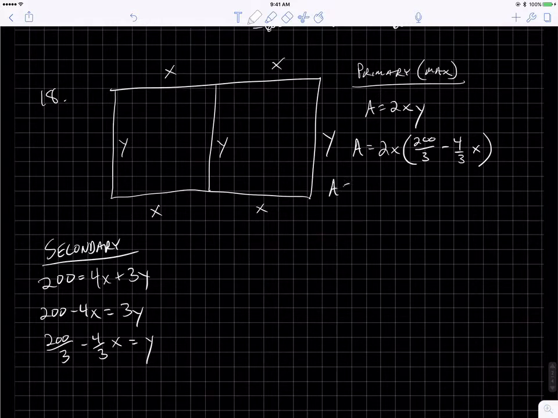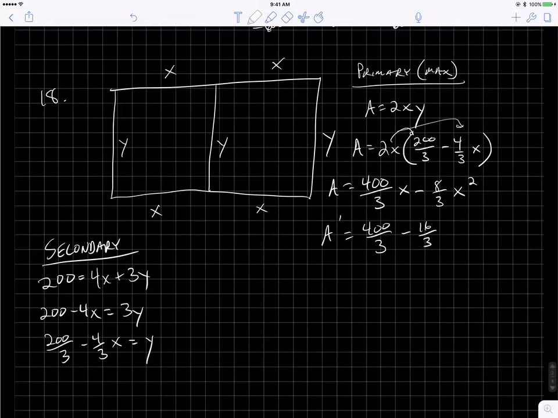Simplify. By distributing the 2x, I take the derivative. Yep, 16/3, and then I set equal to 0 and solve.